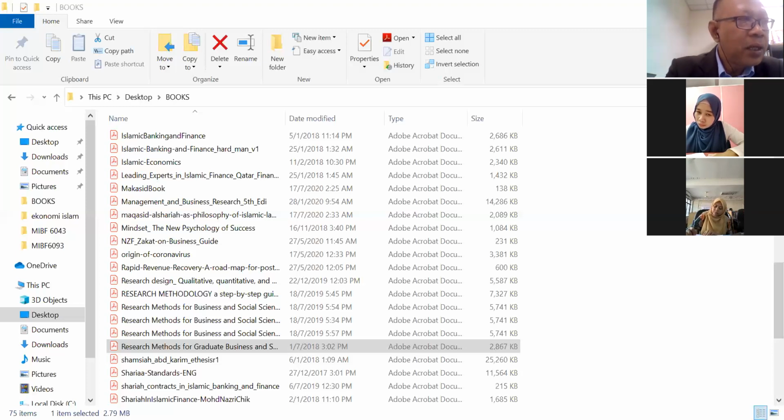How do you collect primary data? There are many ways, many methods. One is by using the survey method. For example, a researcher can use a questionnaire. This is very common among students.